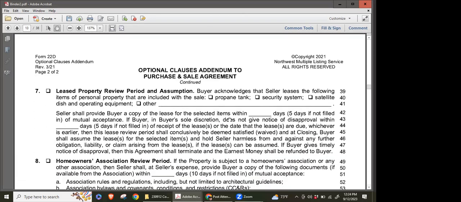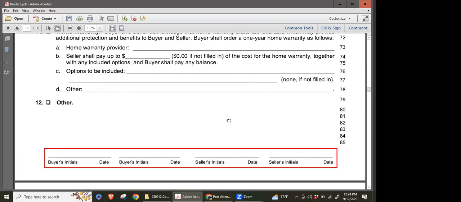I check for signatures, and on this one, I check for signatures. I've already given comments on the review of the seller's disclosure and the Washington State pamphlet, those things that are in there, but I did not include that on this, because this is what I look for compliance.